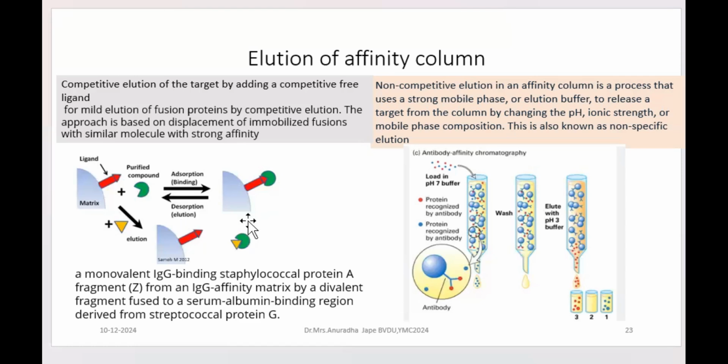So now your column is again free of any analyte and ready to reuse. There was a competition for interaction between the ligand and this competitive eluter molecule. The competitive eluter molecule has attached to your analyte, and now it will run down the column in the mobile phase, right? And then you will analyze whatever is coming in the elution fraction, right?